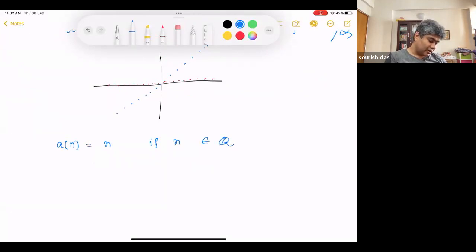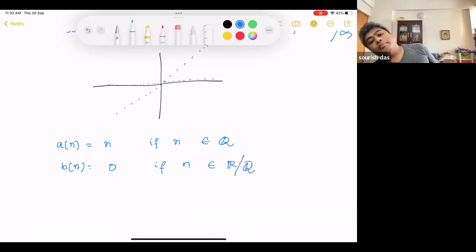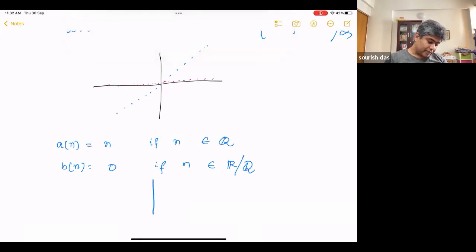And then there is another set, which is 0 if n is irrational. So the main idea here was to get the sense of the sequence of numbers, right? And as the things go to 0, then it will go to 0. And another way of thinking about it is also something like that.